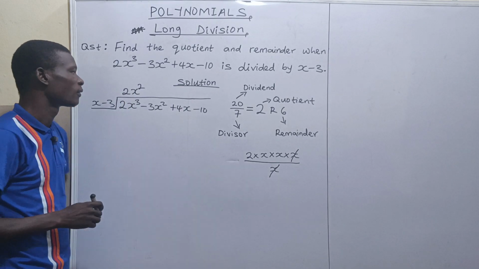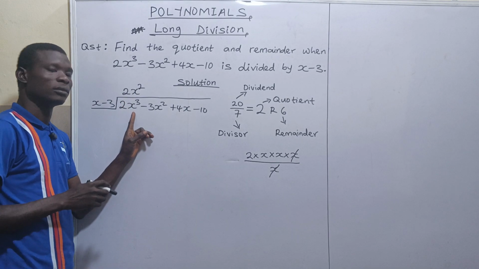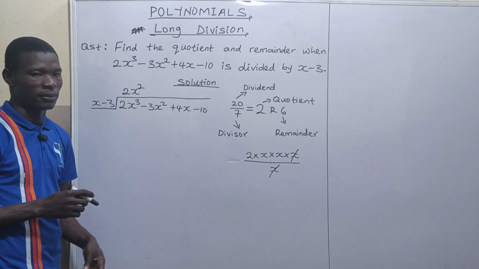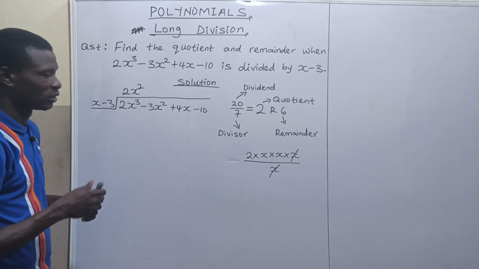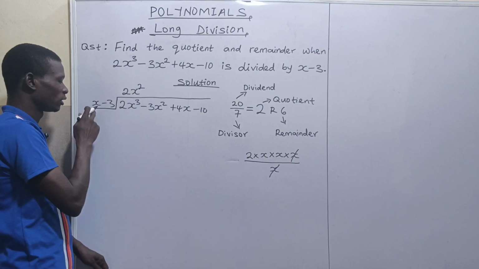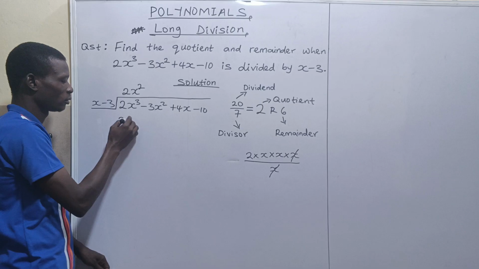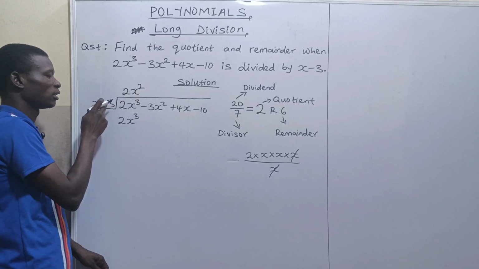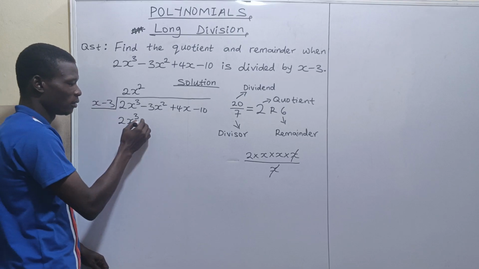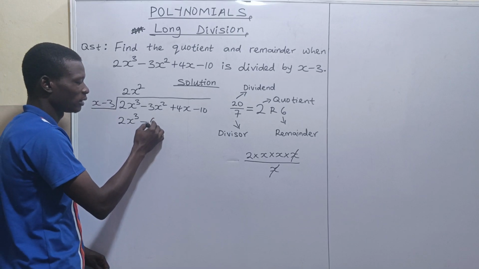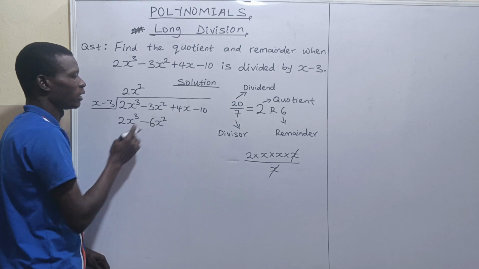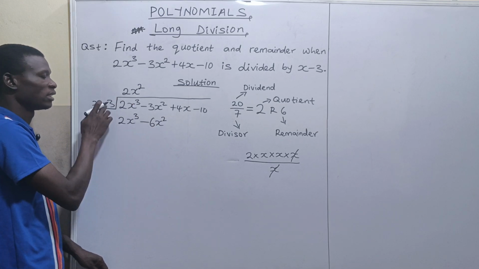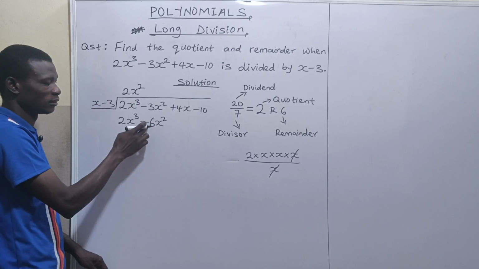Now, immediately we carry out that division, we go through a round of multiplication. 2x squared multiplied by x will give us 2x cubed. 2x squared multiplied by negative 3 will give us negative 6x squared, because 2 times 3 is 6, and minus times plus is minus.